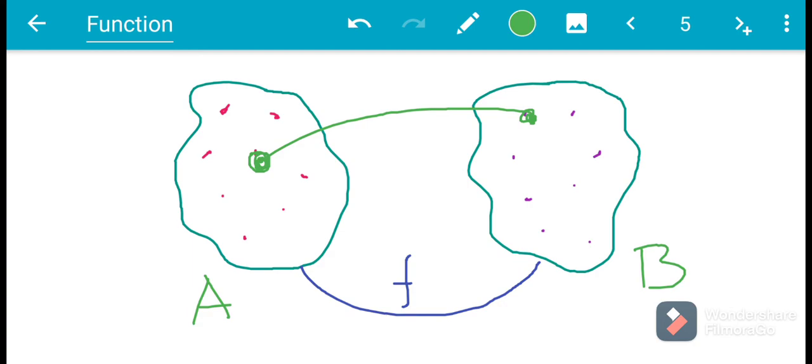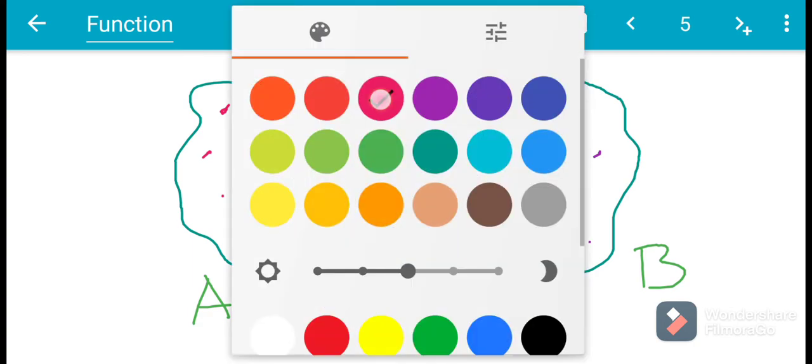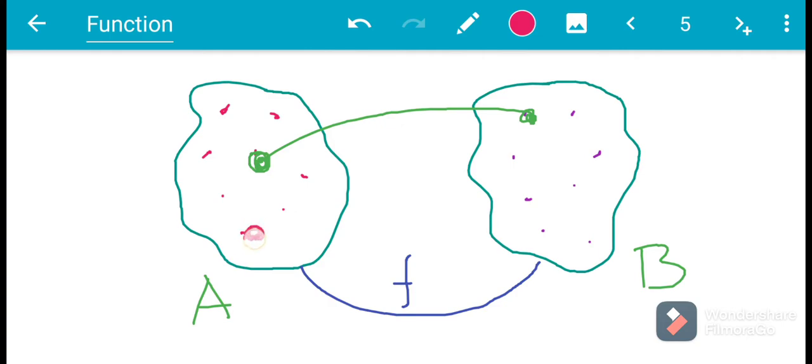Now there may be a scenario that two different points of A are connected to the same point of B. This is allowed in a function, but the reverse is not allowed. If the same point is connected to two different points, then this scenario is not allowed in a function. It means every point of the domain must connect to a single point of the codomain.